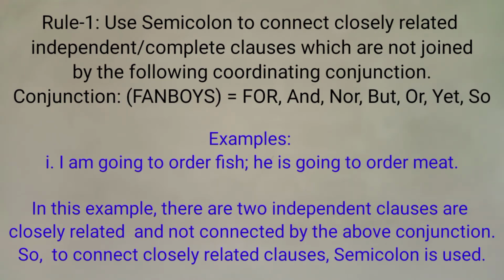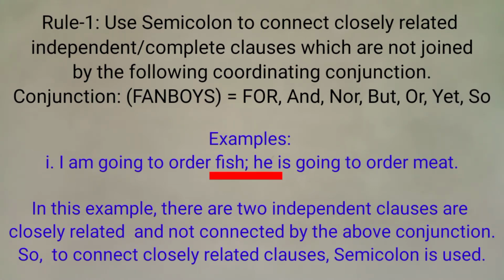Examples: I am going to order fish; he is going to order meat. My dear learners, notice in this example there are two independent clauses, and these clauses are not joined by the above coordinating conjunctions.